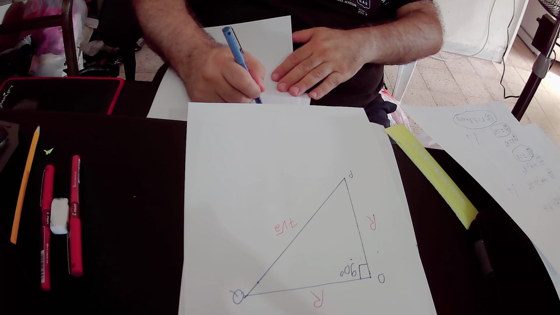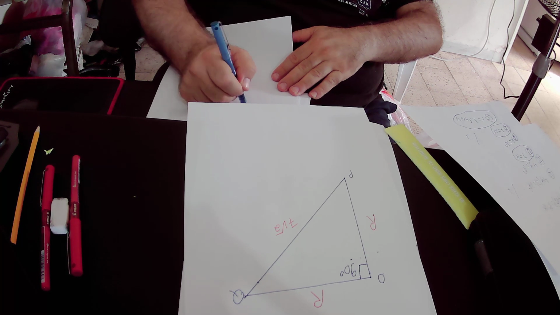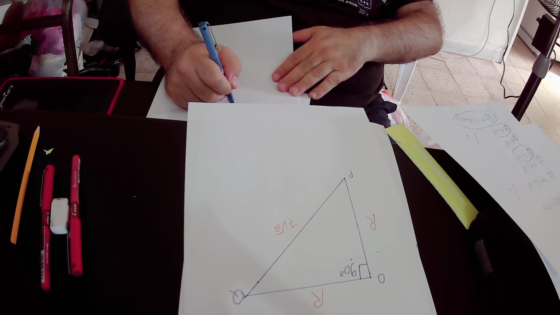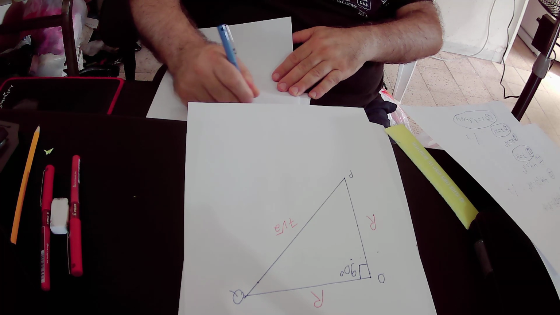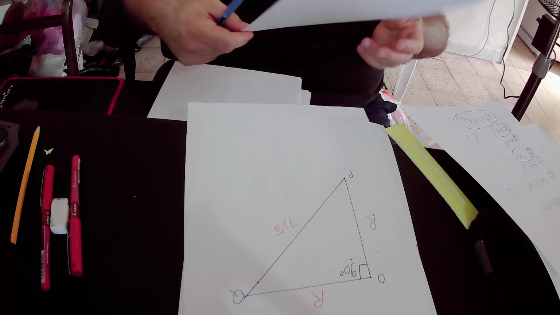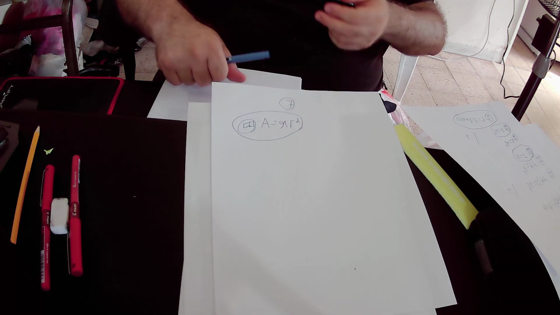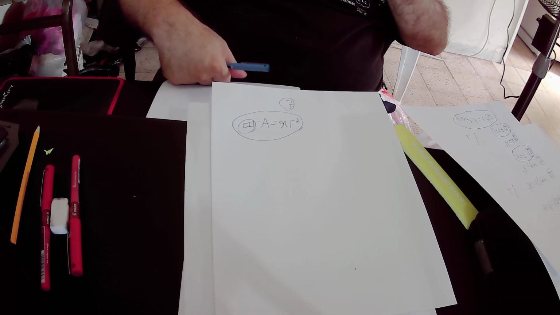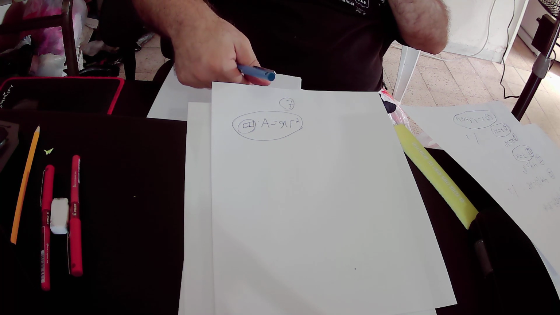The first equation will be the area of any circle equals pi times r squared. Okay, the area of any circle, A is the abbreviation for area.